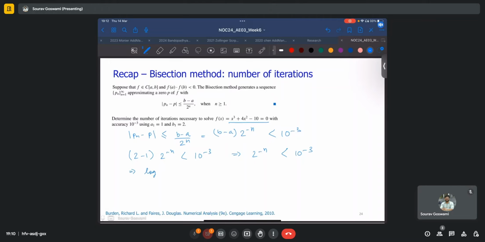we take logarithm of both sides using base 10. 2 power minus n less than logarithm base 10 of 10 power minus 3, which implies that minus n log base 10 of 2 is less than minus 3 log base 10 of 10, which is simply 1.